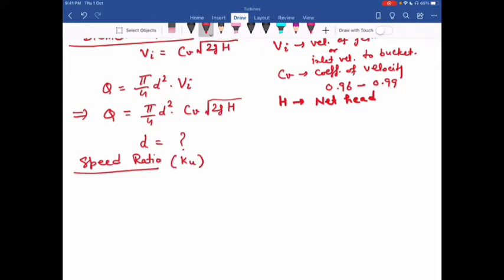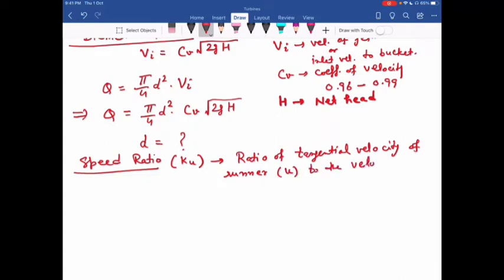It is defined as the ratio of tangential velocity of a runner, that is u, to the theoretical velocity of jet.